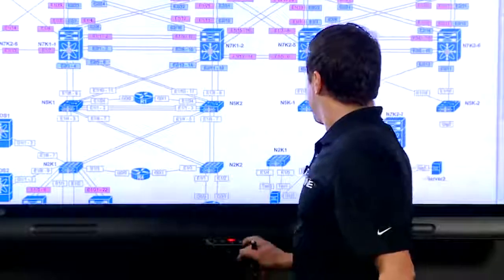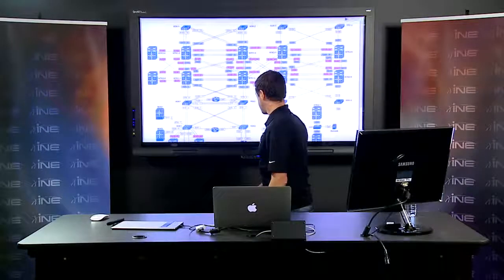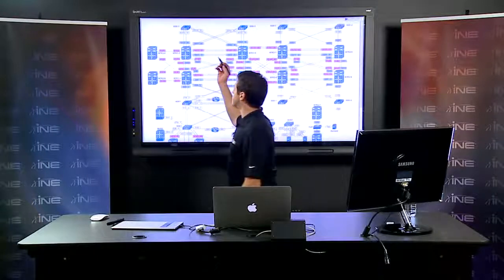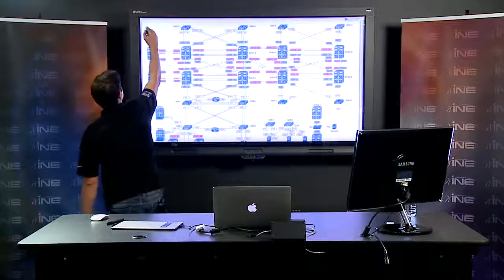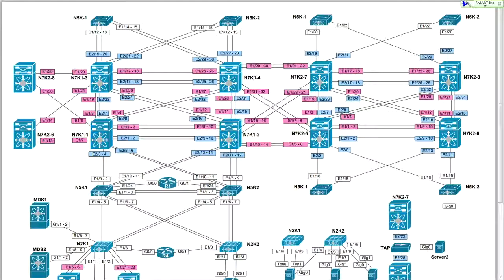Before I can actually begin setting up security group ACLs, or security group tags really, I first of all have to have an ACS server, or actually an ISE server. So we're going to use the idea of an ISE server. Now this server, I'm going to go ahead and erase this. It doesn't necessarily have to be out in the management plane.